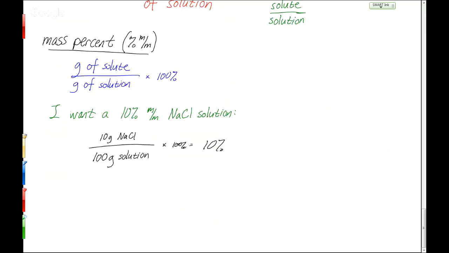And that's a 10% solution. So that's pretty simple. You put a beaker on the balance, you add your 10 grams of sodium chloride, and then you add water until it comes up to 100 grams. You mix it together, and you've got your solution of a particular percent.